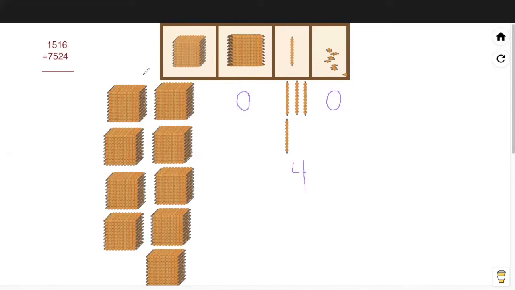Alicia, can you help me count my 1,000s? 1, 2... Let's count them again. 1, 2, 3, 4, 5, 6, 7, 8, 9, 10. Can we count them one more time, slowly, together? 1, 2, 3, 4, 5, 6, 7, 8, 9. Stop. Do we have another one to count?